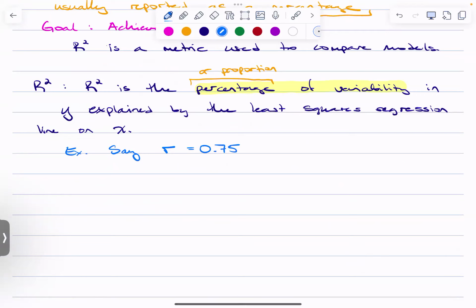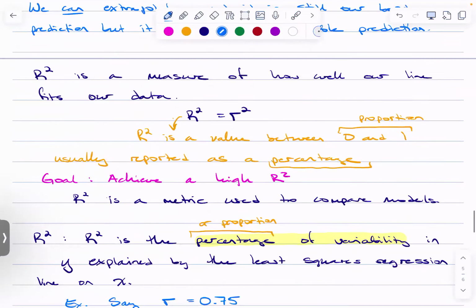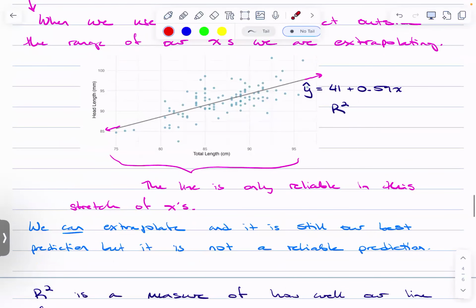Positive because I can see it's a positive relationship, and 0.75 because that's pretty strong. They're not all on the same line, but they're kind of hovering around the line, and I can see a relationship here, nice and tight. So pick 0.75, 0.8, anything like that.